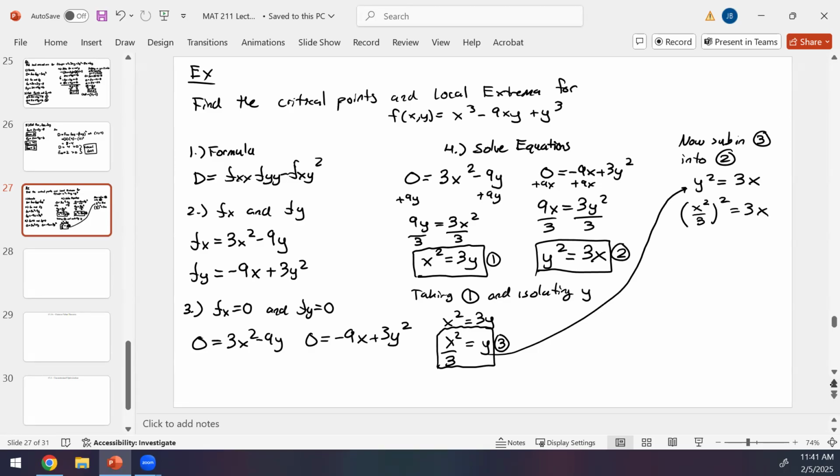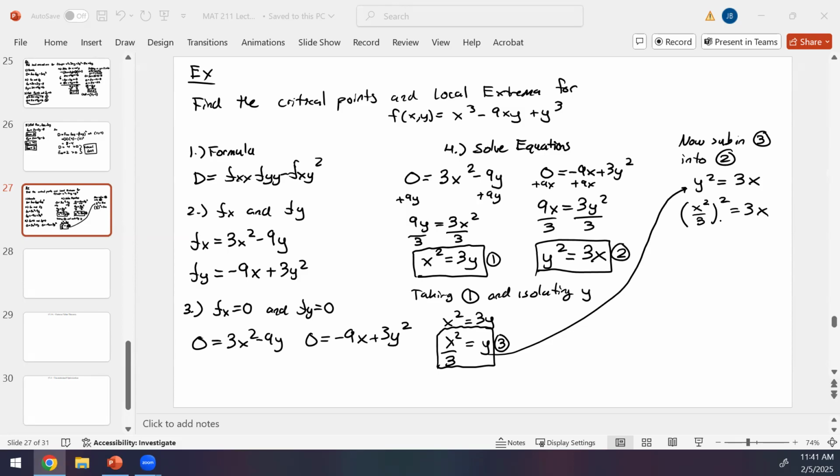And is this getting better? I mean, maybe. The good news is I have one variable now, right? So no matter how bad an equation looks, if it has one variable, you can solve for it. If it has more than one variable, then you probably can't solve for it. That's kind of the trade-off here.